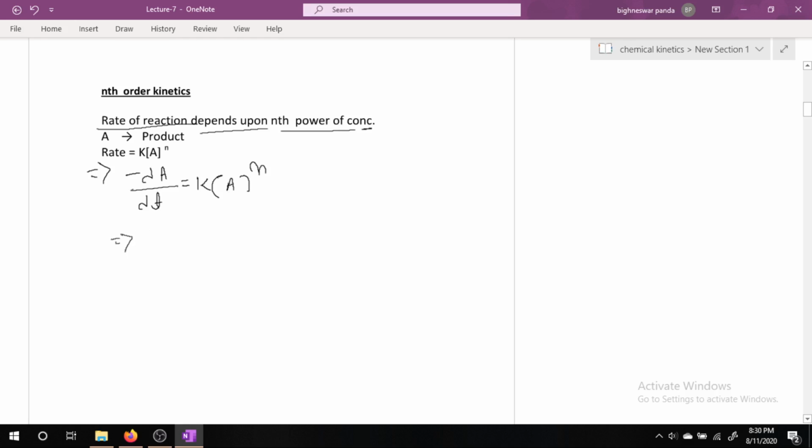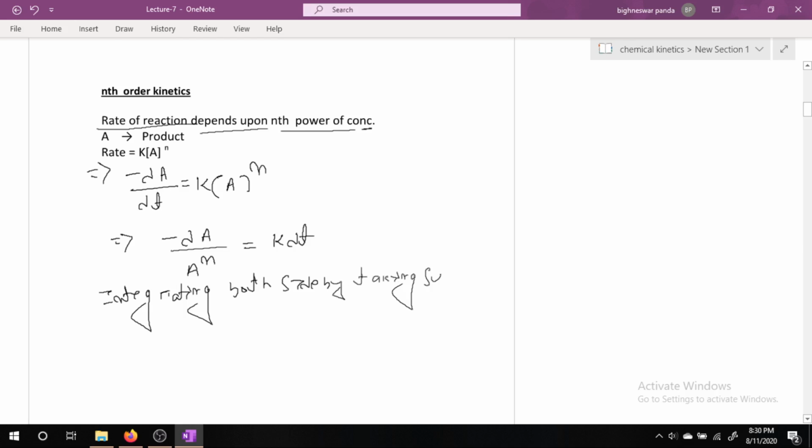By solving, I write minus dA by A power n equal to K dt, and integrating both sides, you can get minus dA by A power n, integration from A naught to A, equal to K integration of dt.